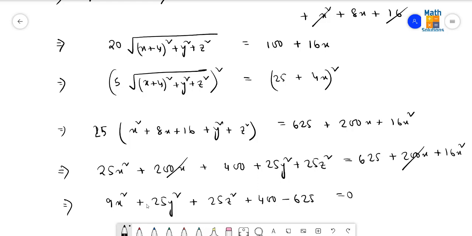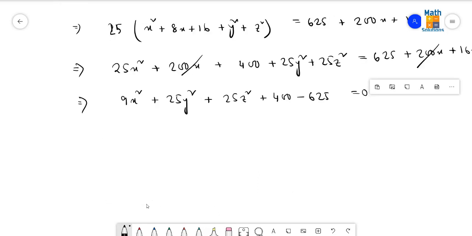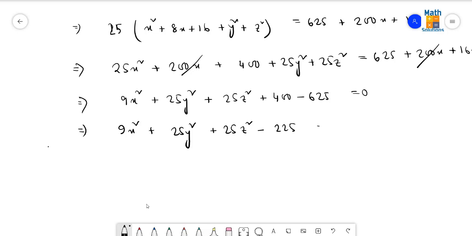So what result we shall get? We shall be getting 9x square plus 25y square plus 25z square minus 225 equals to 0, and this is the required equation. So with this exercise gets over. Thank you.